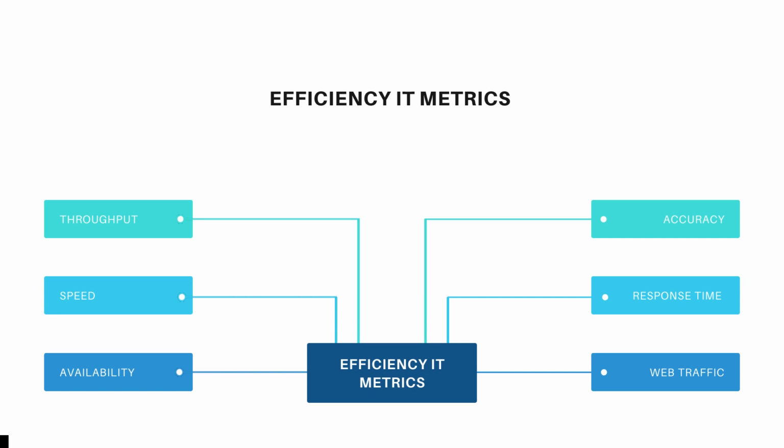Accuracy is the extent to which a system generates correct results when executing the same transaction numerous times. Response time is the time it takes to respond to users' interaction, such as a mouse click. Web traffic includes a host of benchmarks such as the number of page views, the number of unique visitors, and the average time spent viewing a web page.